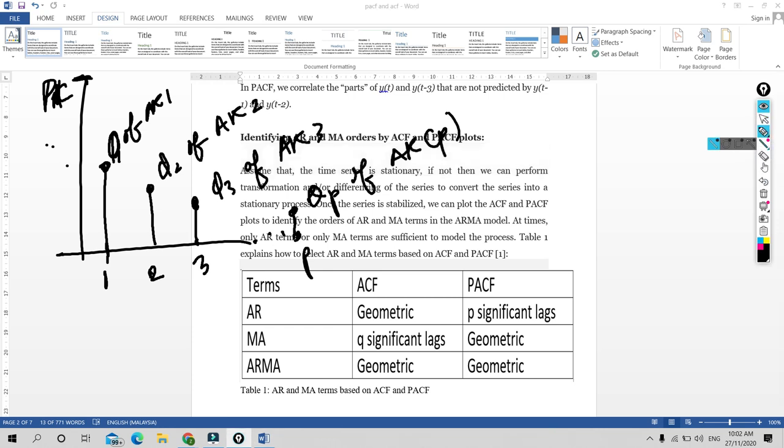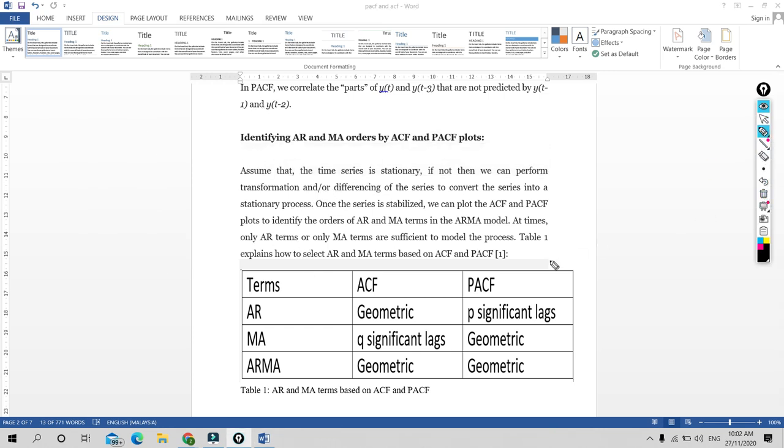These are known as lags. Now, if I find that the graph here is geometric.